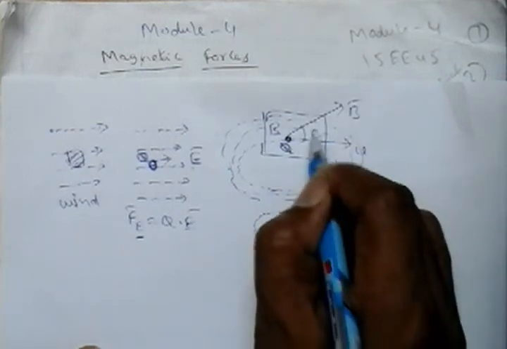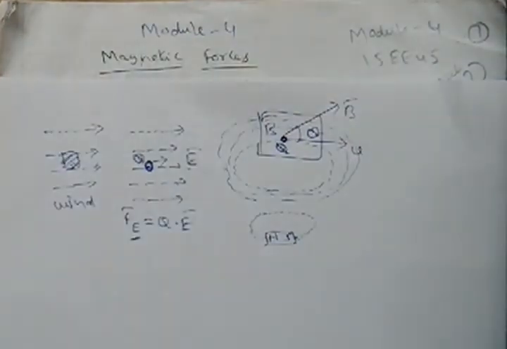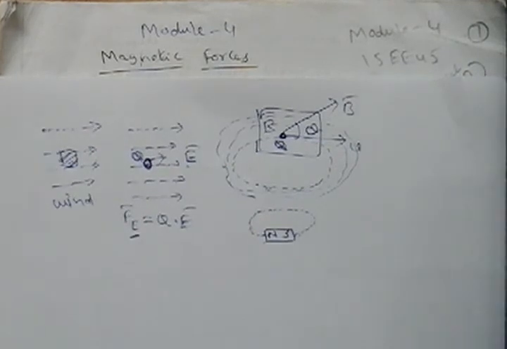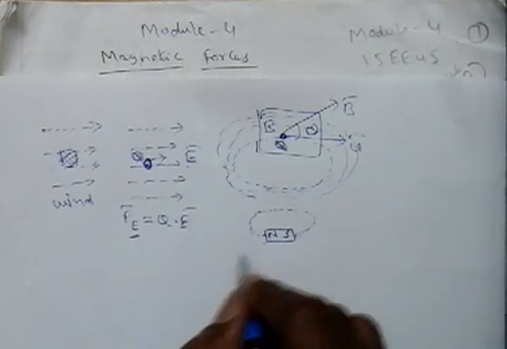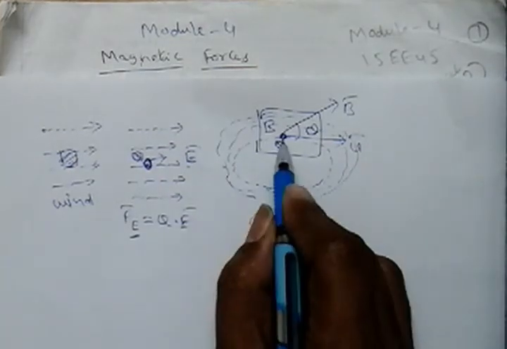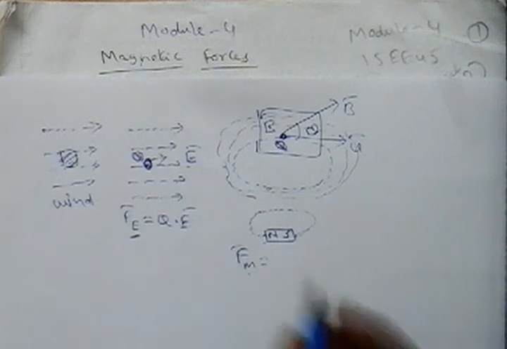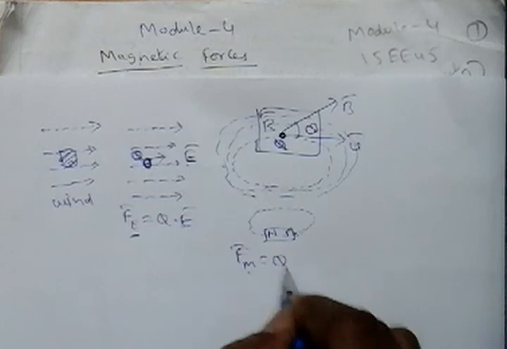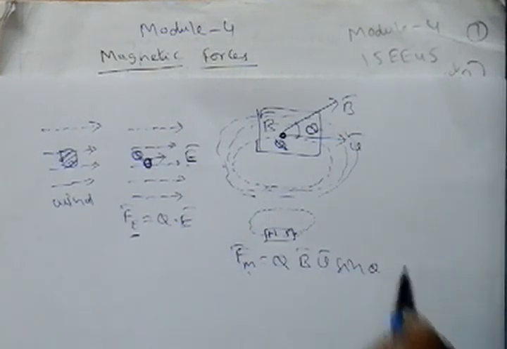That angle is represented by theta, the angle between the magnetic flux density and the velocity V bar. Now the force experienced by the charge Q is F suffix M, where M stands for magnetic field; in the previous case, E stood for electric field. The force is equal to charge Q into B bar V bar sin theta.